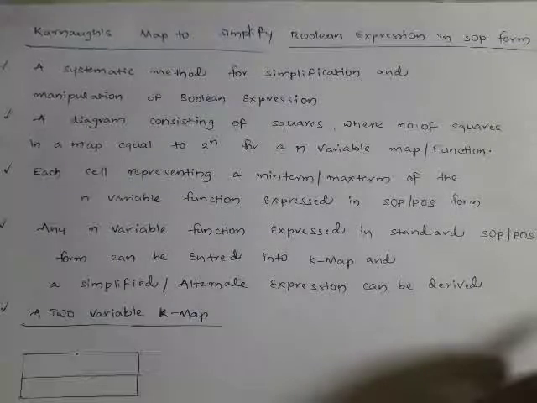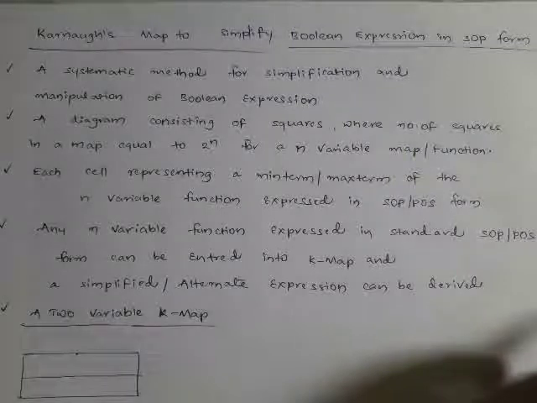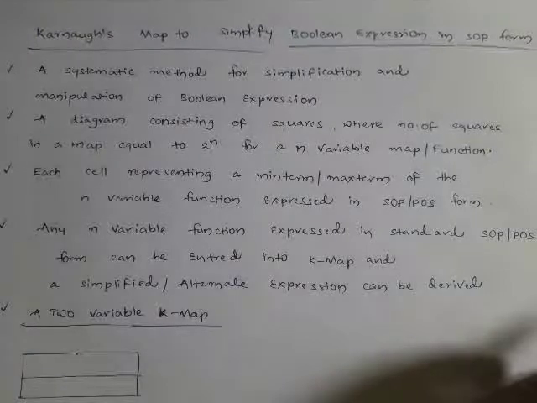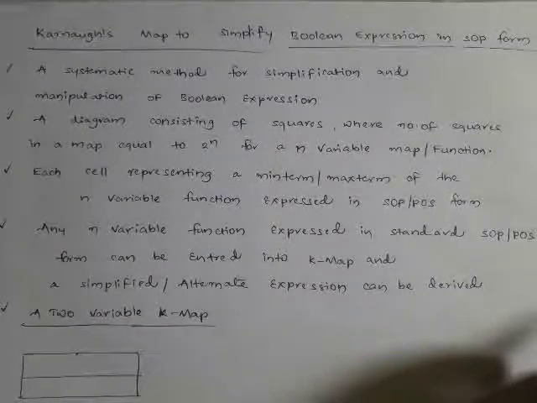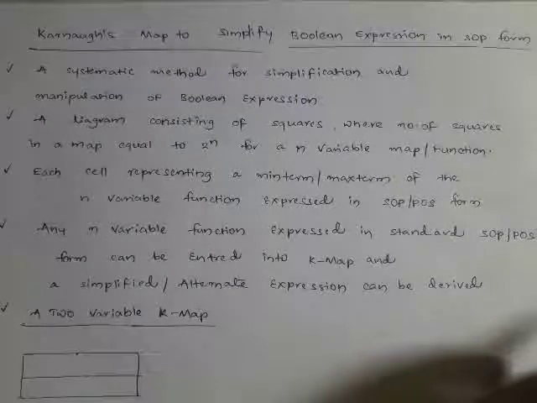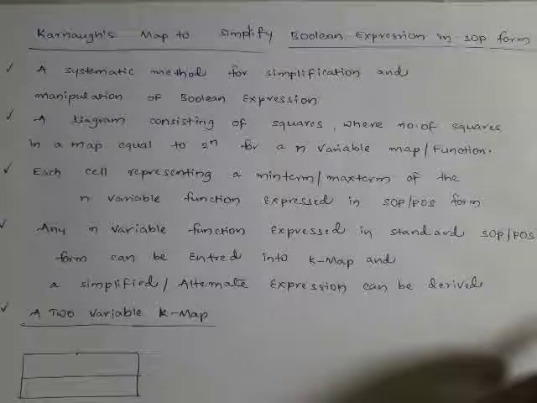Basically, this simplification of a Boolean expression is carried out to reduce the number of variables and the number of operations, or I can say to reduce the number of literals and the number of operations involved in the expression.